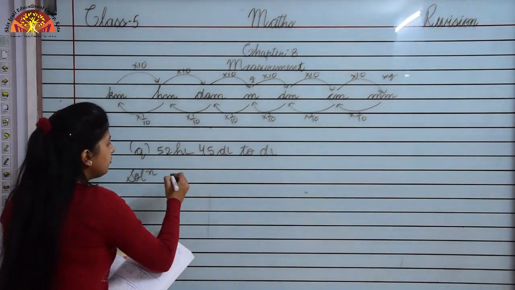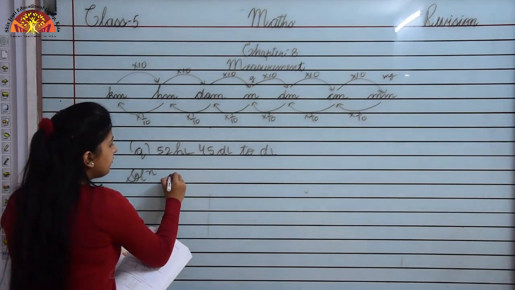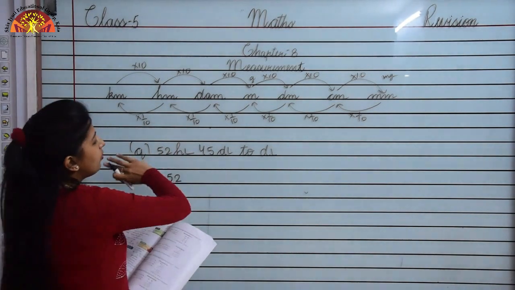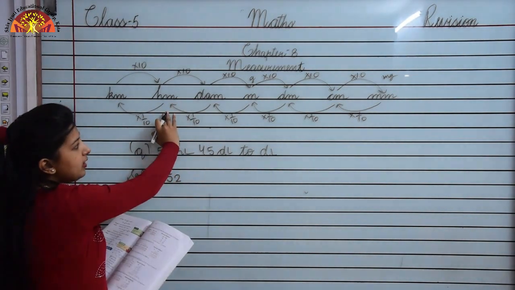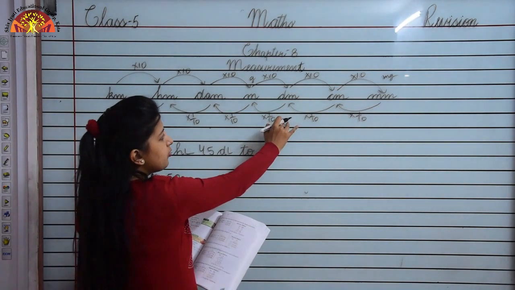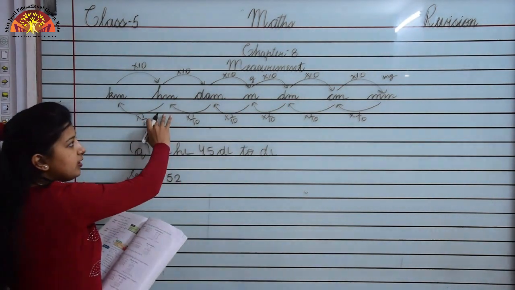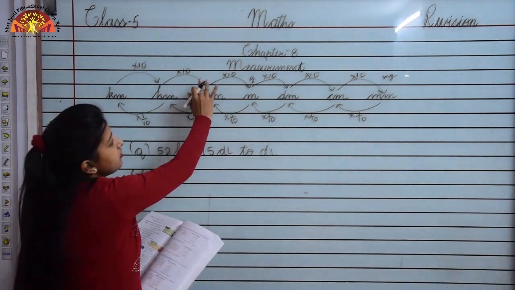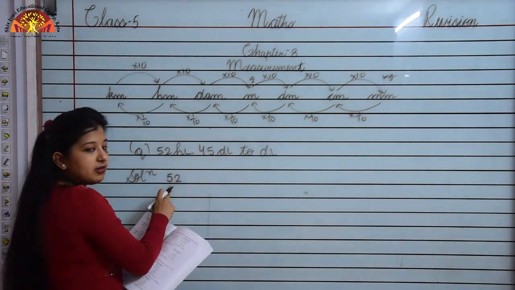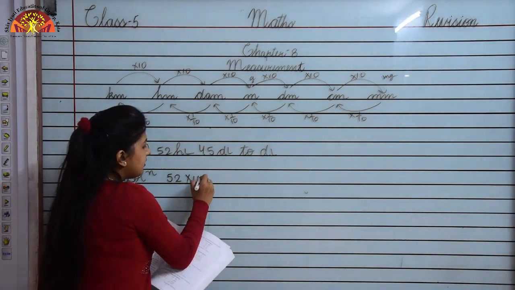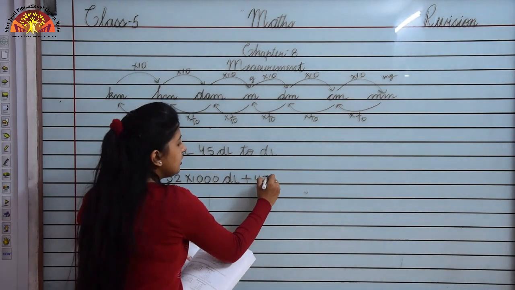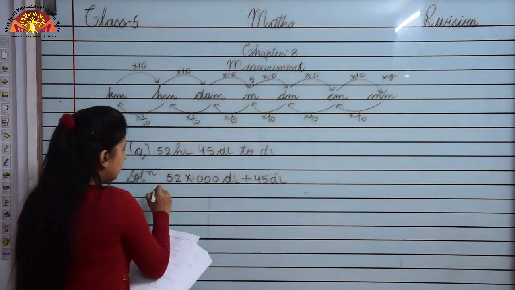Fine. So what we will do? We will convert 52 hectoliter into deciliter. So hectoliter is a bigger unit and deciliter is a smaller unit. Fine, smaller than hectoliter. So how many tens are coming here? They are coming 3 tens. So we will multiply the given value by 1000. Fine. Now we will add 45 deciliter.